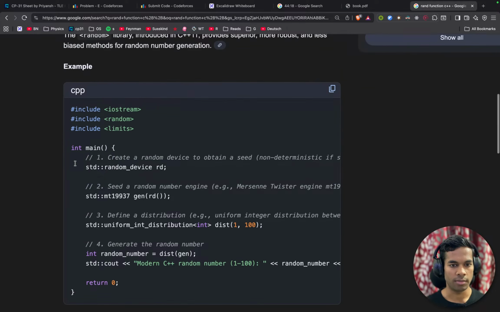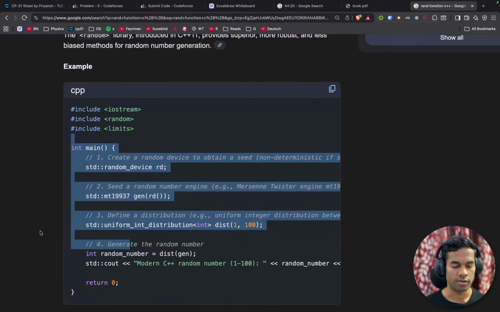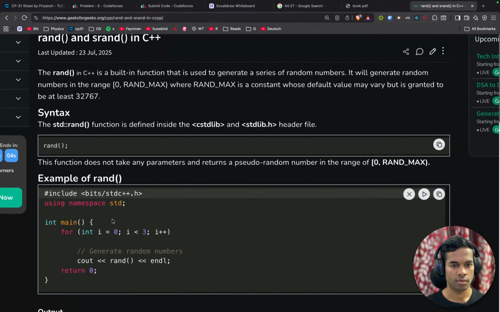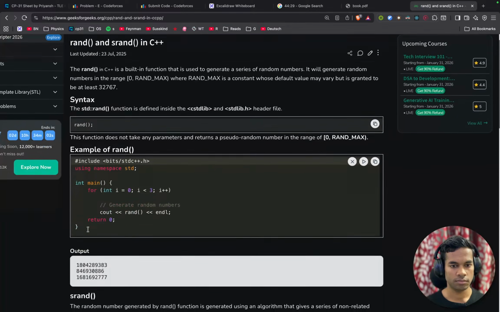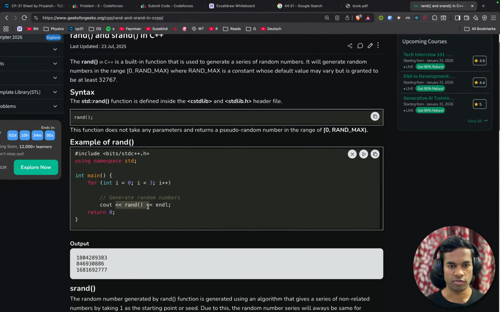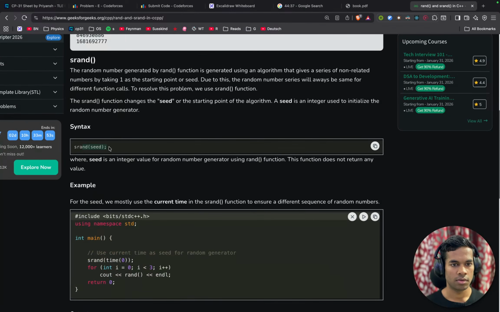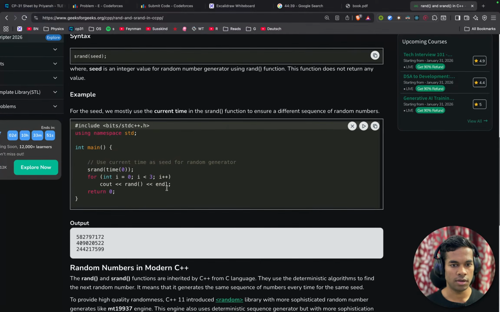There is also a random library in which we do all of this. This just generates a random number. And seed.